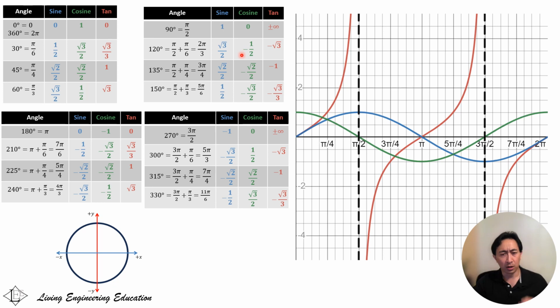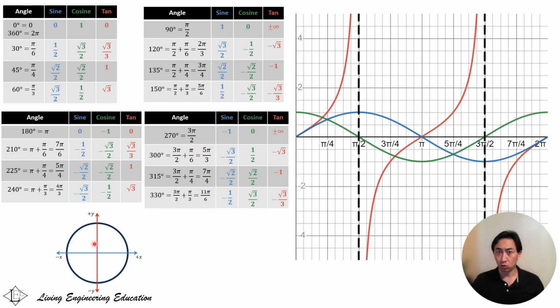Now, there is kind of a flip, right? Remember I was talking about, when we're looking at 120 degrees, this is 90 degrees plus 30 degrees. We don't just take these values and replicate them over here, right? Instead, we actually take the 60-degree values and bring them up here, recognizing that there is a negative x. We're in the negative x, positive y quadrant space up here, and that's why the cosine terms are negative and the sine terms are positive.